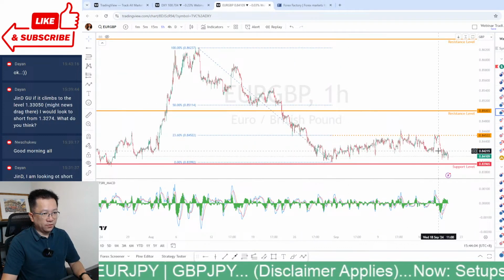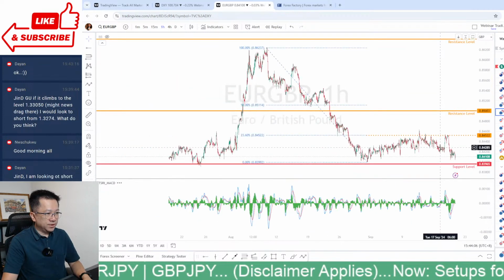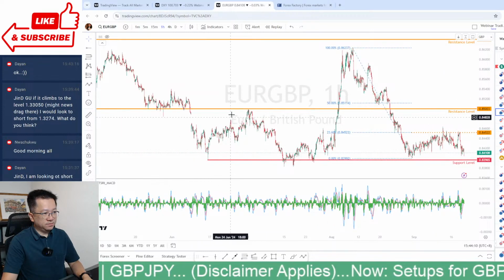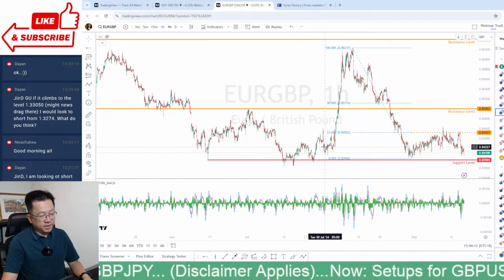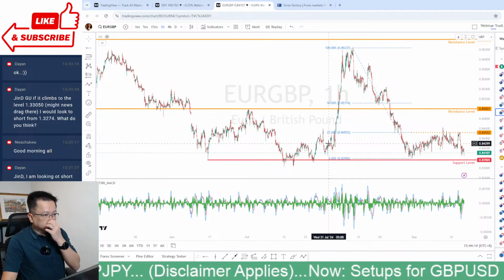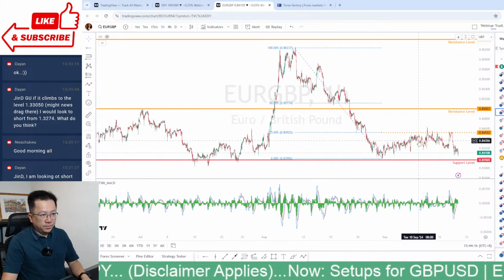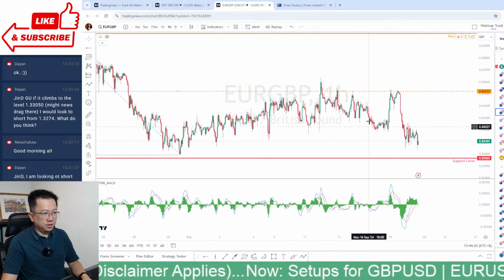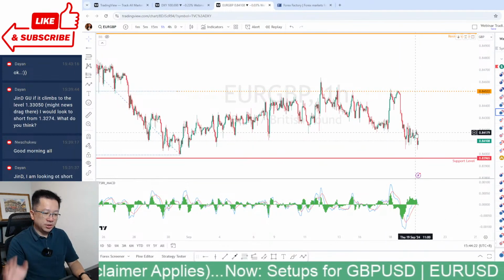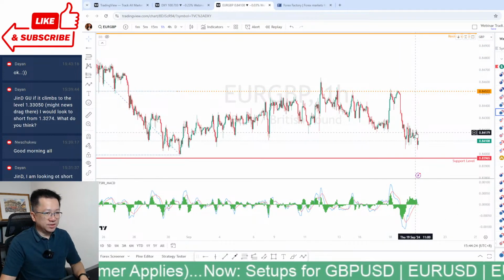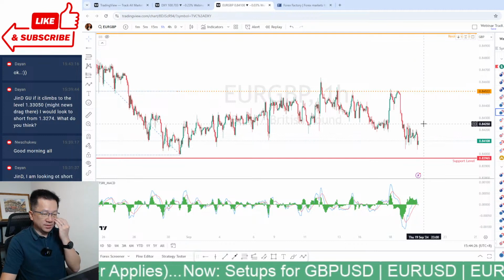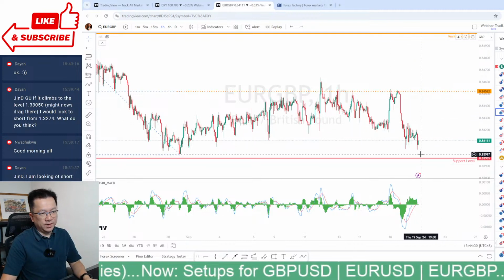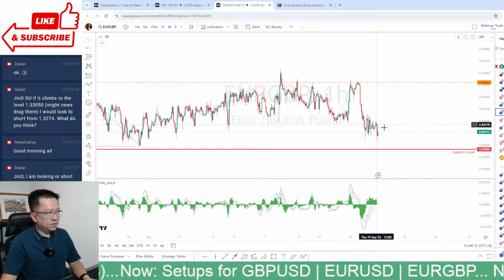If I zoom it right out, it came down, tested, bounced around this area, broke back up, bounced around this area. So it's just going to sit in here and range. Next week, we're going to change the Aussie Kiwi and the Euro Pound out for something else. It's sitting along that support level at 8.4.